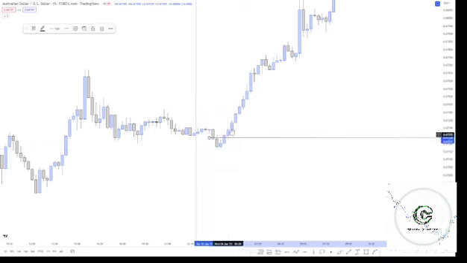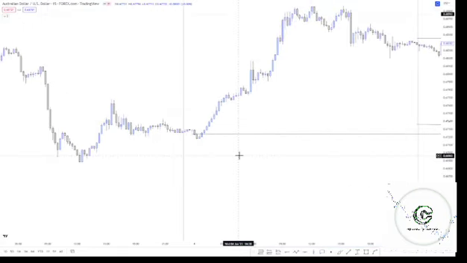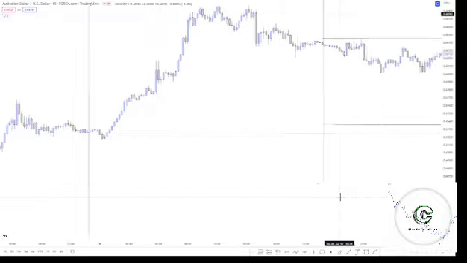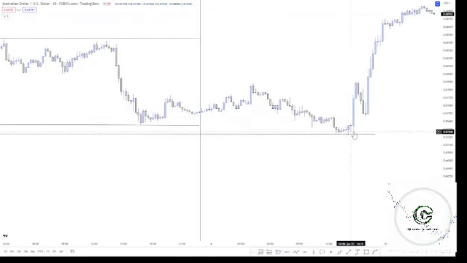Although I don't understand why it came to this level. I would have loved if it had come lower, just, you know, sweep this low. But then for market not to sweep that low, it means that this low now becomes a liquidity point. There's a liquidity point here, and this level on Friday also becomes a liquidity point.